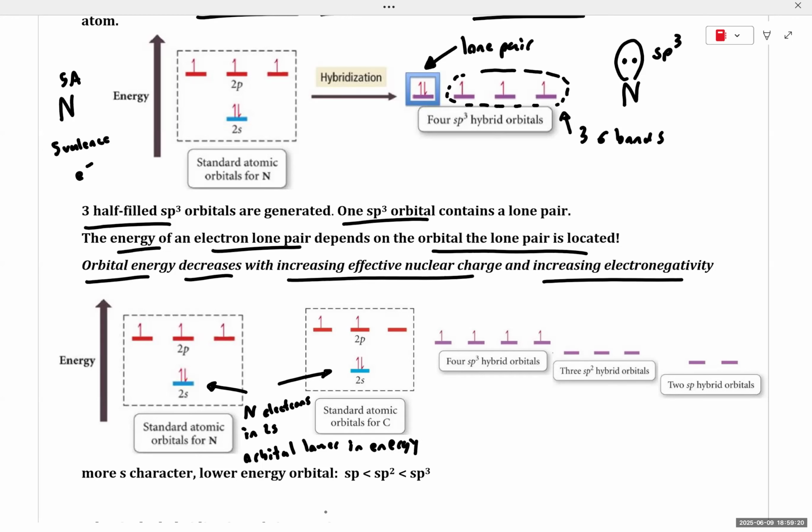We can also take this further. The given hybridization of our hybrid orbital directly impacts the energy of an electron placed in that orbital. Generally, the more s character, the lower energy orbital you have, with sp hybrid orbitals being the lowest in energy, sp3 hybrid orbitals being the highest in energy.